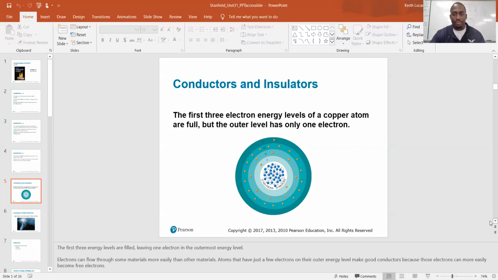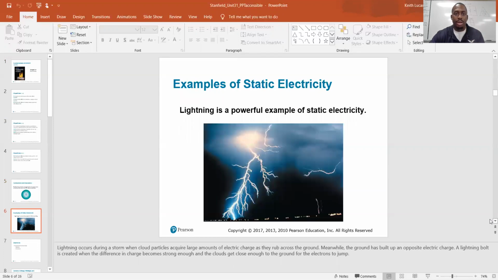So having few electrons in your outer level makes you a good conductor, which is why copper is such a good conductor. The first three electron energy levels of a copper atom are full, but the outer level has only one electron, making it very easy to become free and making copper a good conductor.